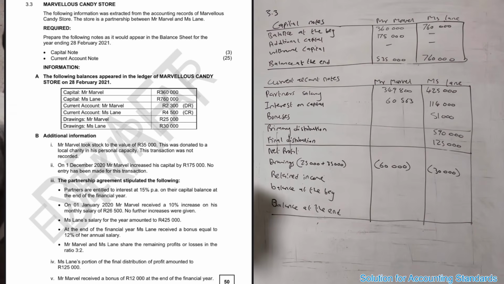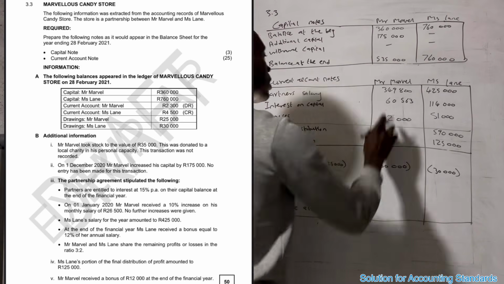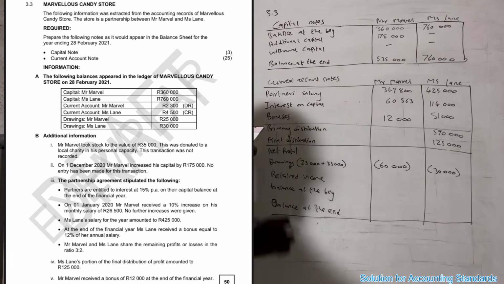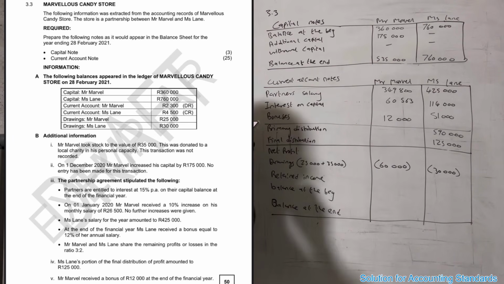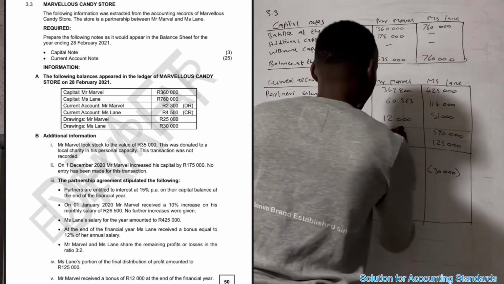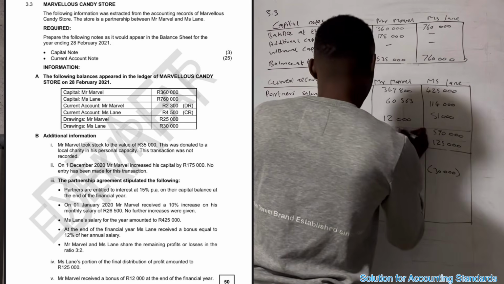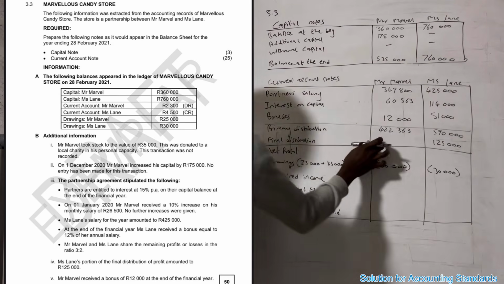The last one. Marvel received a bonus of 12,000 at the end of the financial year. You have to add these three, and it's going to give you an amount of 422,363. Now we are looking for this one.